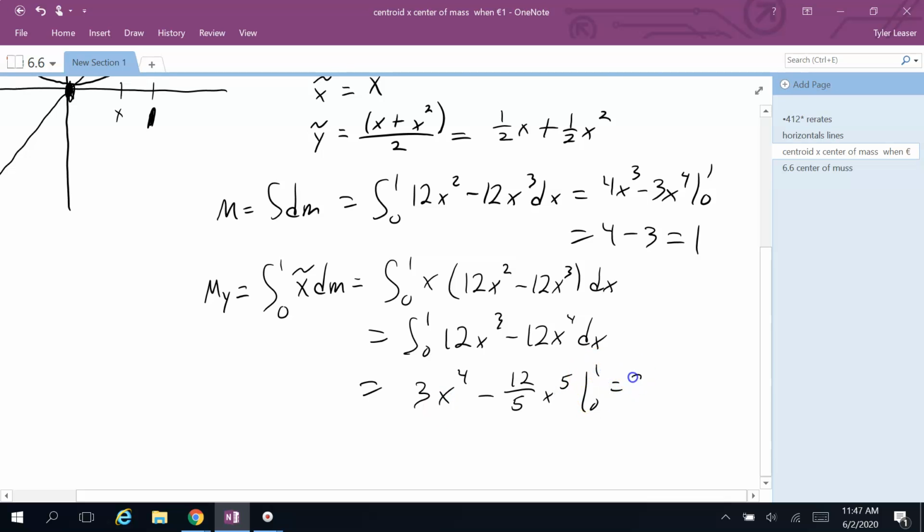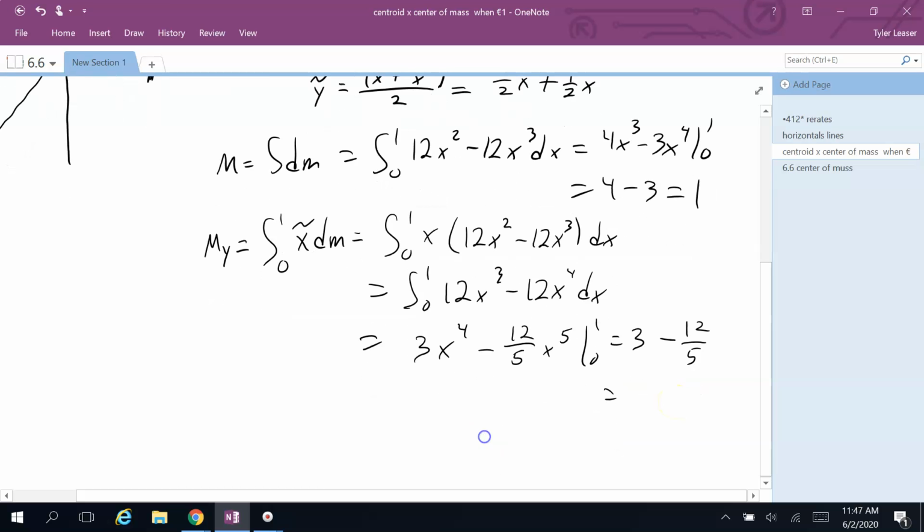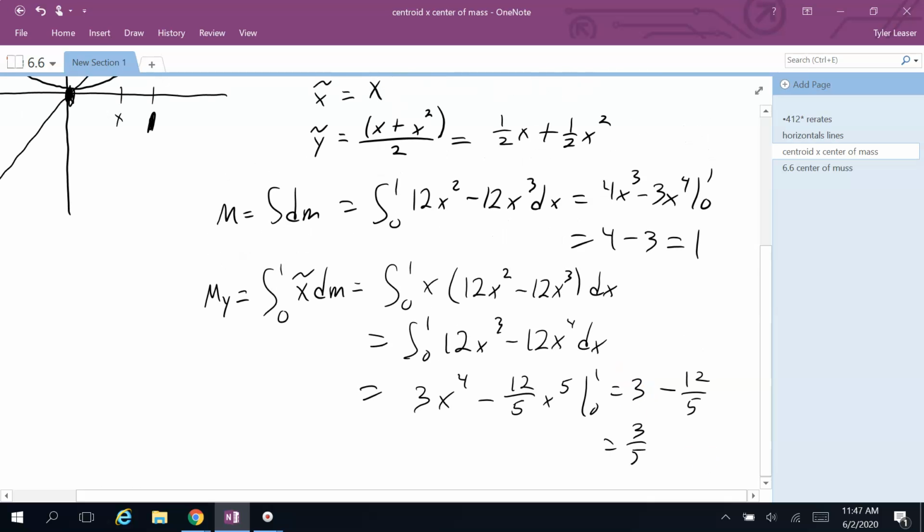If I plug 1 in, I get 3, minus, for the second term, just the coefficient 12/5. The 0 does nothing. 3 minus 12/5 is, let's think about it, 15/5 minus 12/5, so 3/5. Great. I do want to talk a little bit physics-wise.